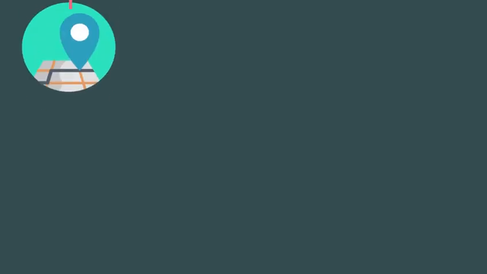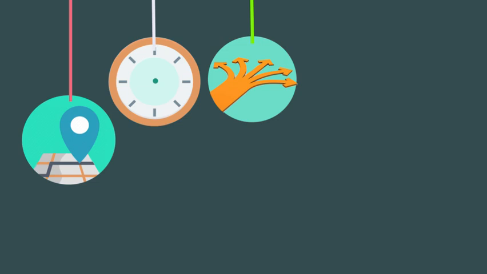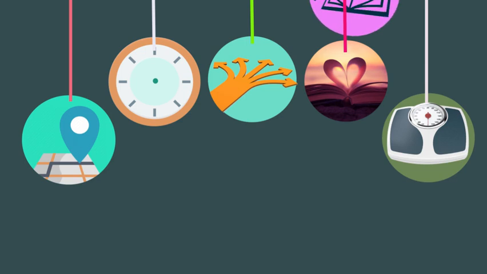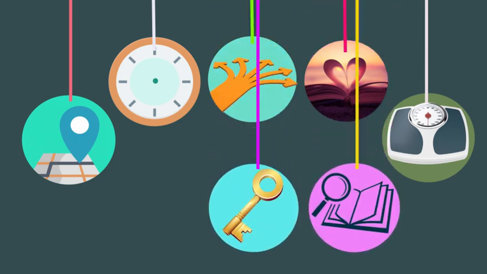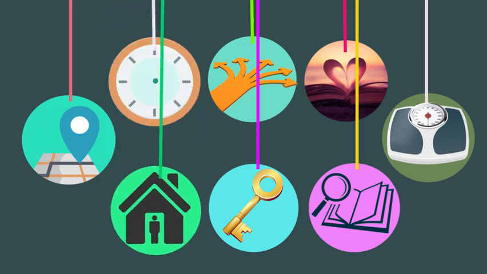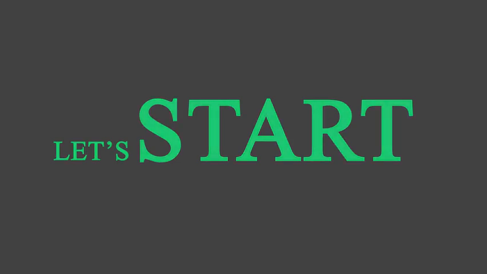Let's start once again: place, time, direction or movement, manner, measure, source, agent or instrument, and possession. We have used this symbol so that we can remember all the prepositions very easily. So let's start. We will discuss all kinds of preposition one by one.